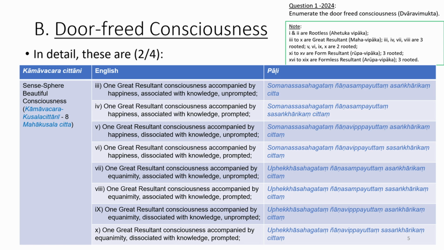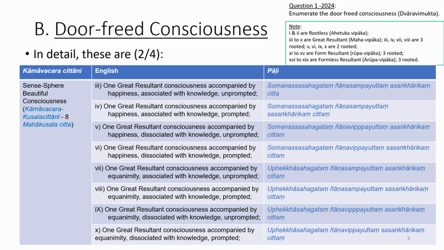That is the way the Pali is phrased. Then the fourth one is the 1 great resultant consciousness accompanied by happiness associated with knowledge prompted. So 3 and 4 are a pair, for unprompted and prompted.